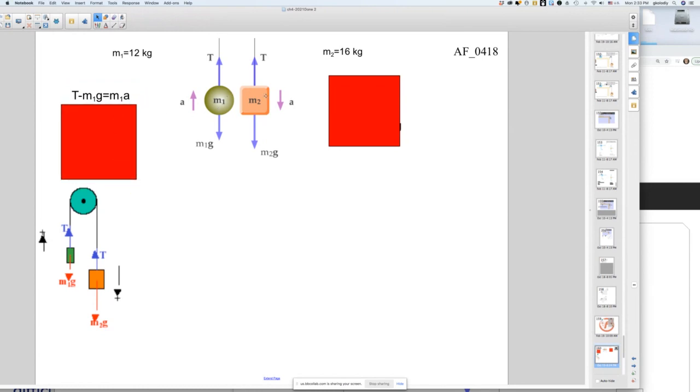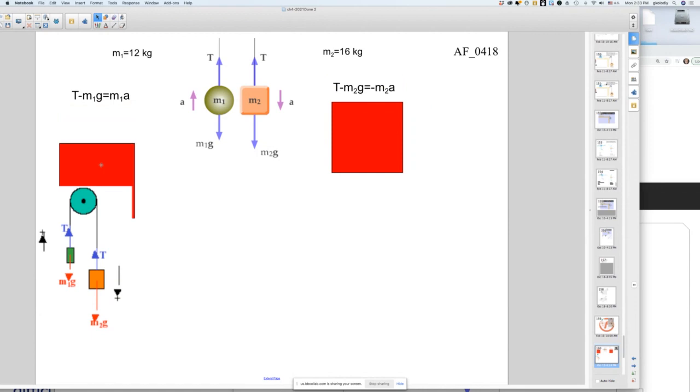Okay. How about this side? This is the same thing. T minus M2G equals M2A, but A here is negative because it's down. See, it's negative. So this is the equation. So we're going to solve for T here and solve for T here.